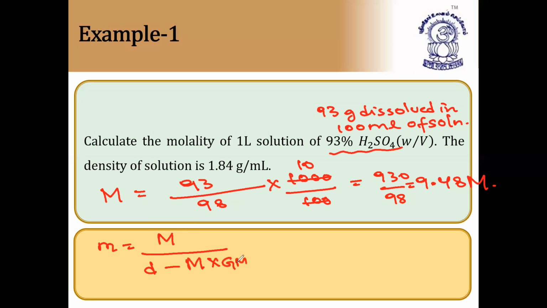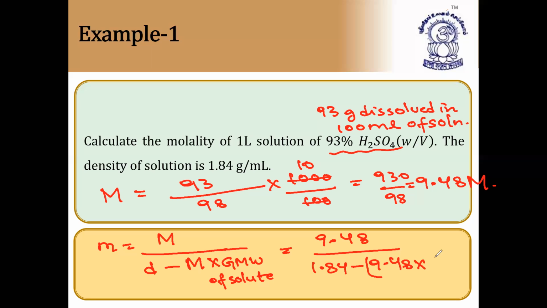So substituting this, solute is sulfuric acid, and its molecular weight is 98. Now molarity we already got, that is 9.48, by density, that is given 1.84, minus 9.48 into 98, because molecular weight of sulfuric acid is 98.